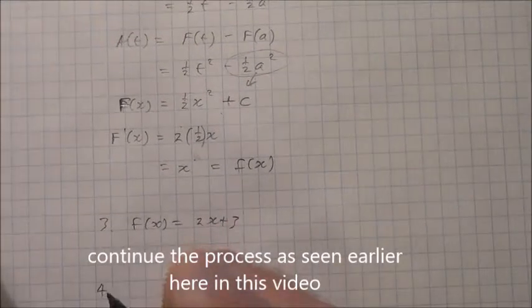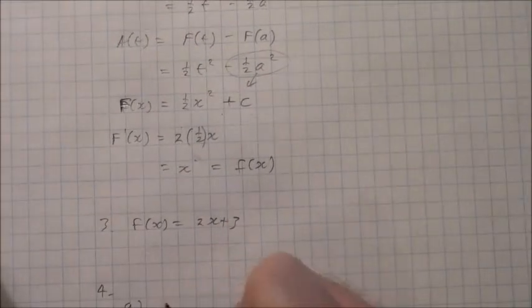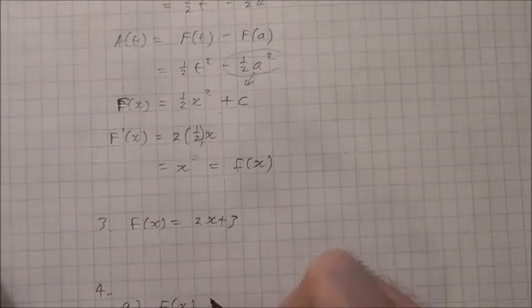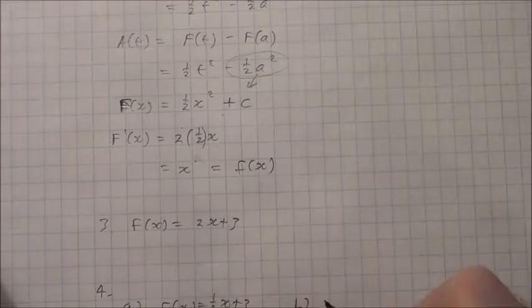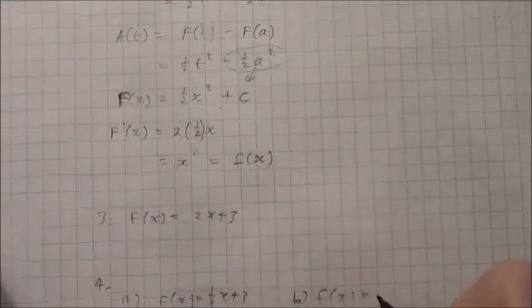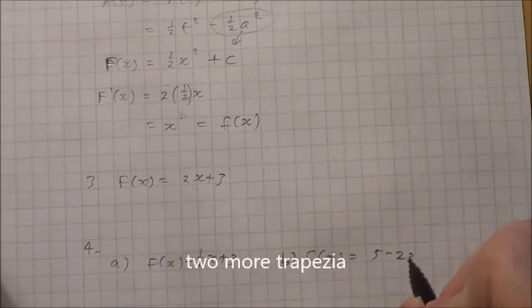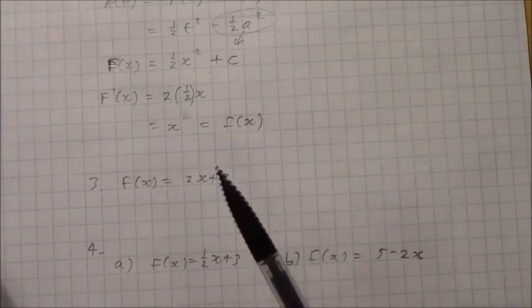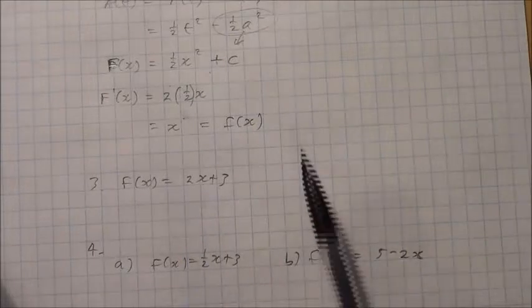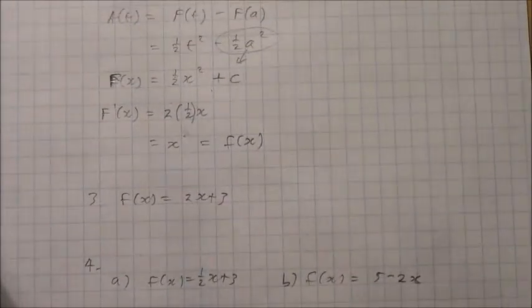And then in part 4, part A, we've got 1/2 x plus 3, and part B, we've got f of x equals 5 minus 2x. Okay, so I'd like you to go through the same process with 3, 4, A and B, like we did with parts 1 and 2.